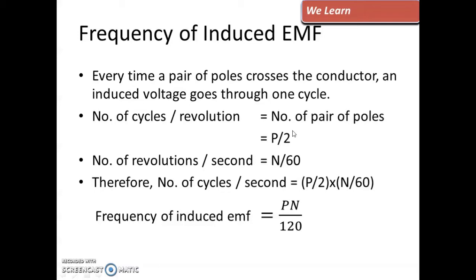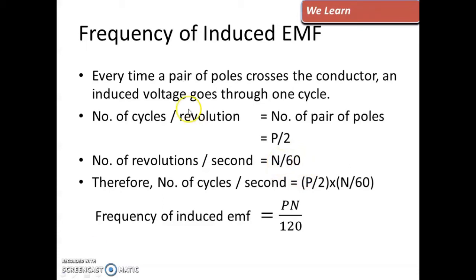Number of revolutions per second is nothing but speed, but because speed is generally given in RPM, we need it here in RPS, that is revolutions per second, and that is why we are dividing speed in RPM by 60, so that we can get speed in RPS.